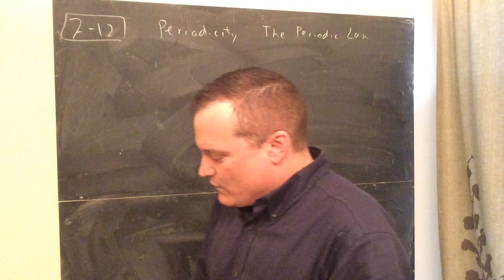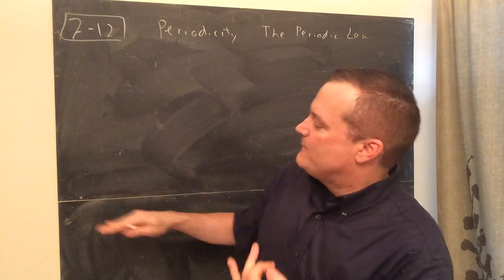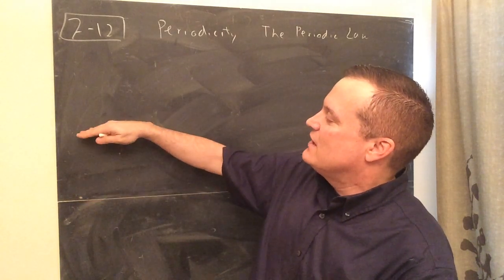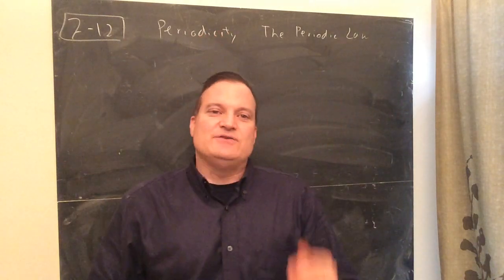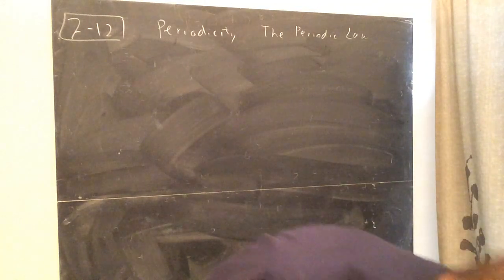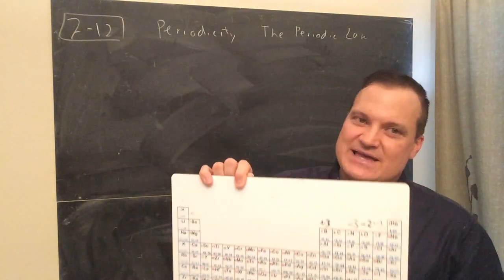But I once told you that if you follow the little pattern, you draw a little arrow up, 1s2, 2s2, 2p6, 3s2, 4s2, 3d10, etc., on up. If you do that and you go in order, you'll get most of the electron configurations correct for most elements. But there's a lot of exceptions.